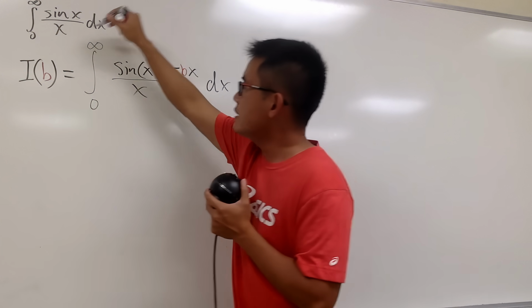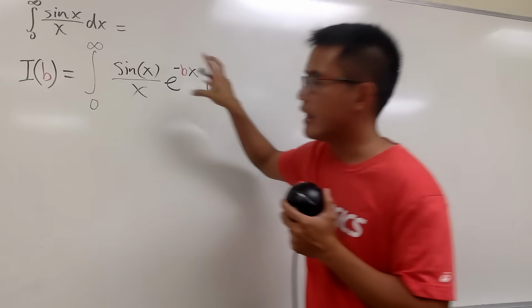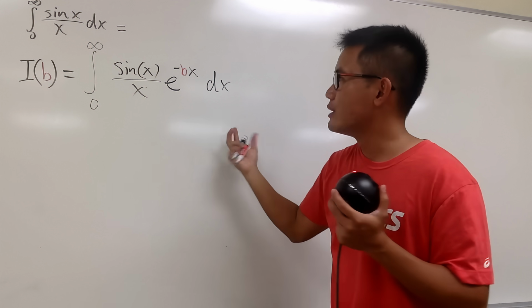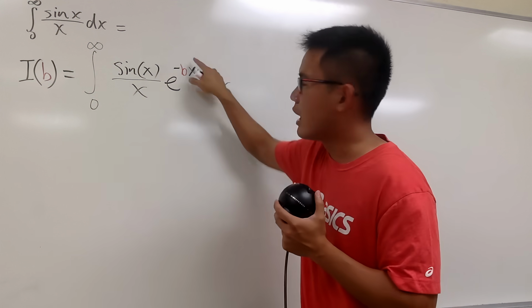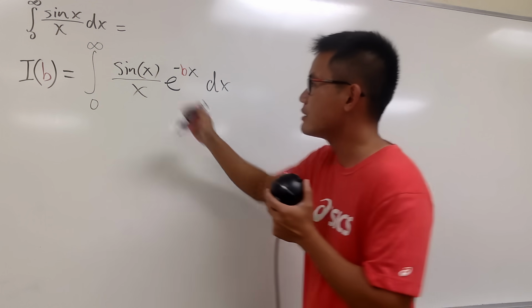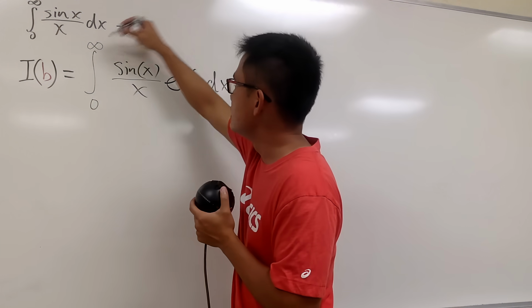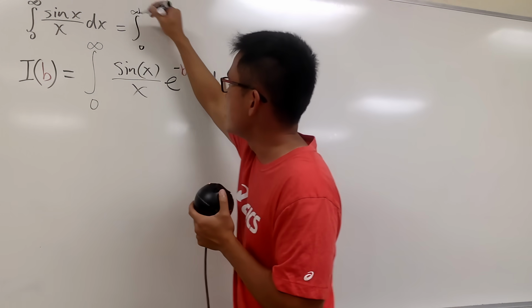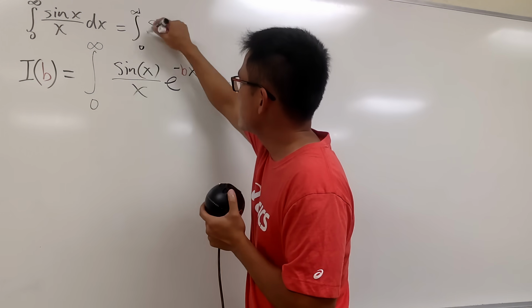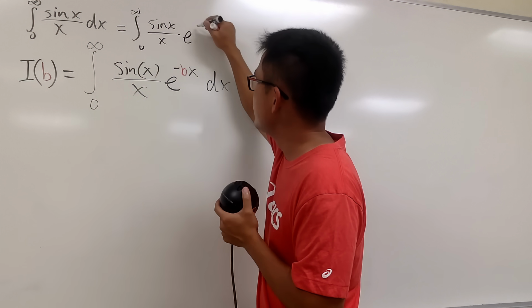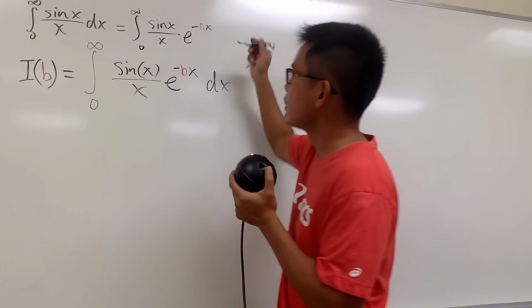Well, now, if you compare this and that, what's the difference? I have this new part, but I can pretend nothing happened, because I can say all I need to do is this is the same as saying integral from 0 to infinity sin x over x times e to the negative 0x. How's that?